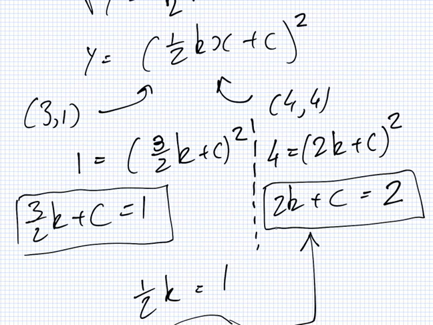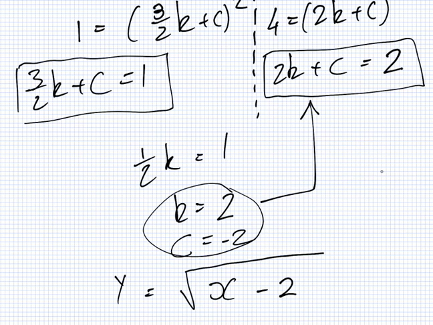Maybe I misspoke. Maybe we should consider the plus and the minus. I didn't make a silly mistake here. 2k minus 3 over 2 k is a half k. k is 2, that's a 4, 2 minus 4 is minus 2.